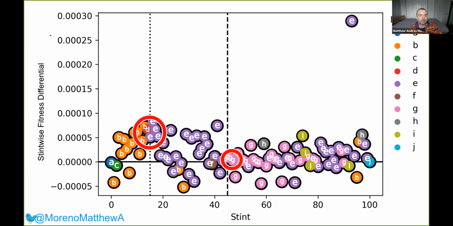What was really interesting about this data was that the stint-to-stint fitness change we observed during these novelties wasn't noticeably different compared to other fitness changes that weren't associated with novelty, which was a surprising outcome.